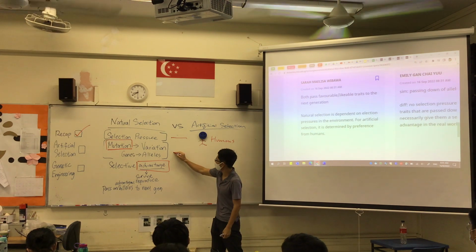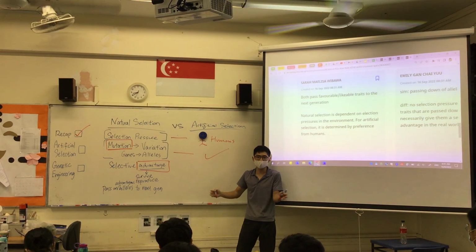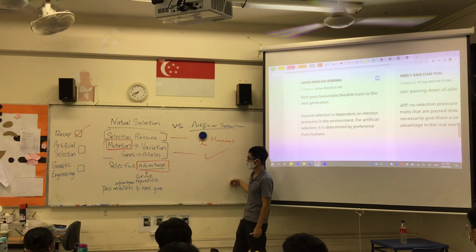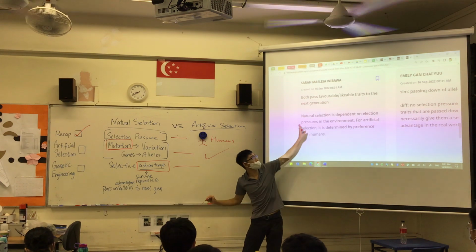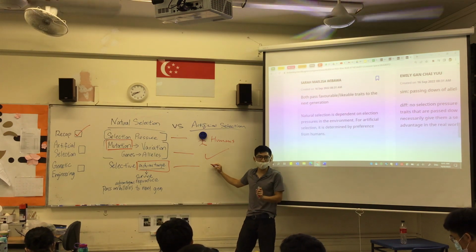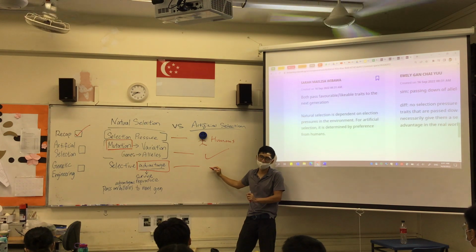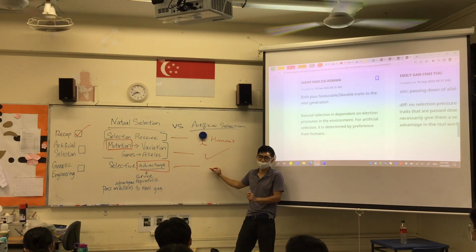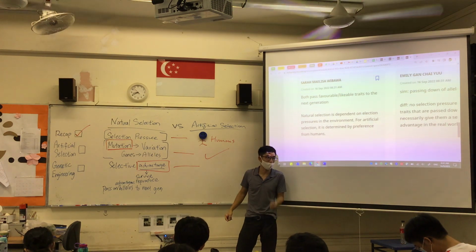Do we still require mutations and variation? We still must have this. Without variation, there's nothing humans can choose. Is there always an advantage? Something very interesting was brought up. What is likable may not be favorable. Is what is favorable always likable? Maybe not. A very big dog may not be likable by everyone.